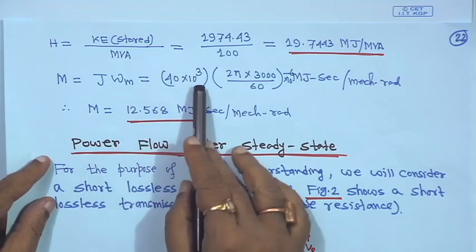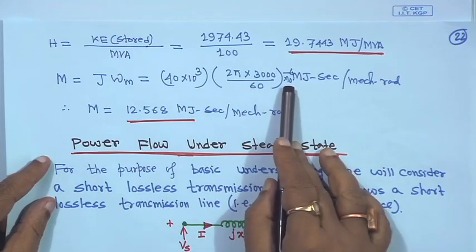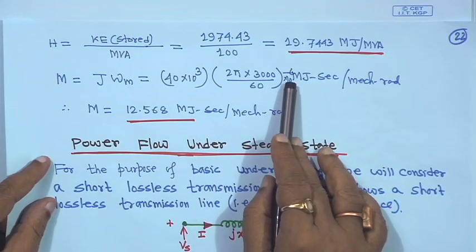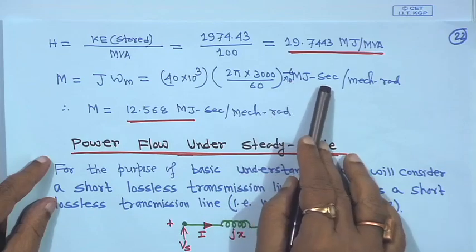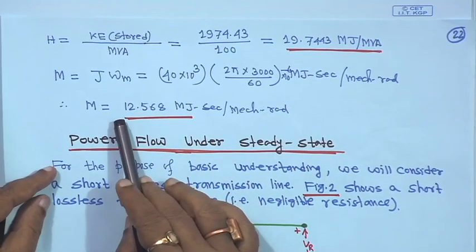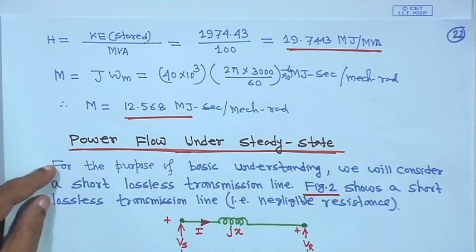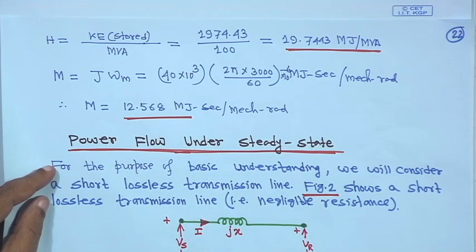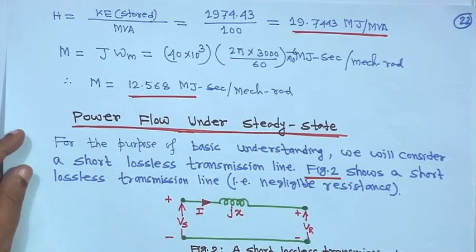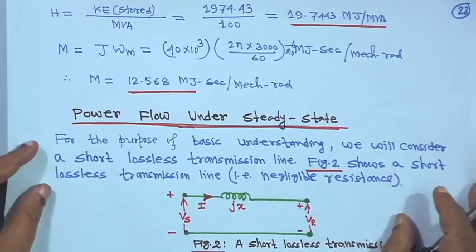That is 40 into 10 to the power 3 into omega m into 10 to the power minus 6, so the unit is megajoule second per mechanical radian, and M is equal to 12.568 megajoule second per mechanical radian. But it is a 2 pole machine, so mechanical and electrical radian are the same. This is the small example we have taken.